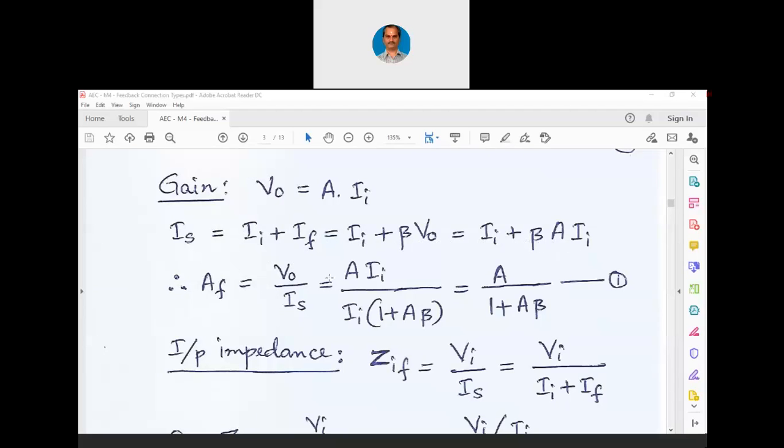You can see it is a transresistance here also, because input is current, output is voltage. So the feedback gain is Vo is A into Ii and Is is Ii into 1 plus A beta. That way Ii gets cancelled and we have Af equals A by 1 plus A beta. That is the regular expression which we have been getting in all the feedback connections.